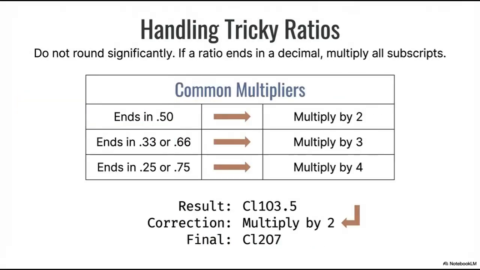Okay. So when you don't have a subscript that's a whole number, if it ends in 0.5, you're going to multiply by 2 to get that whole number. If it is between 0.33 and 0.66, you're going to multiply by 3. If it ends in 0.25 to 0.75, you're going to multiply by 4. So you get just those whole numbers. This is just a guideline.